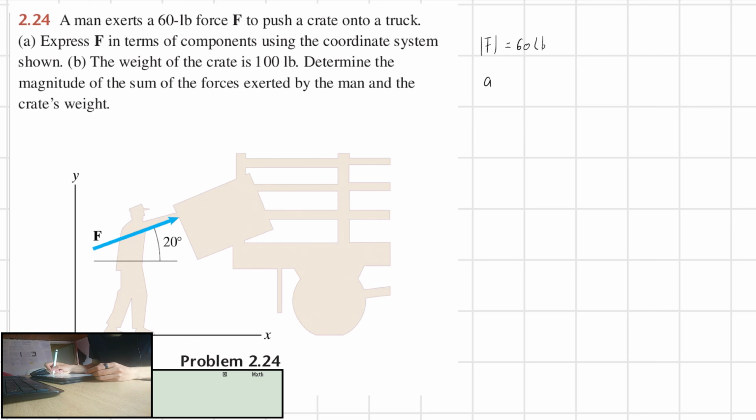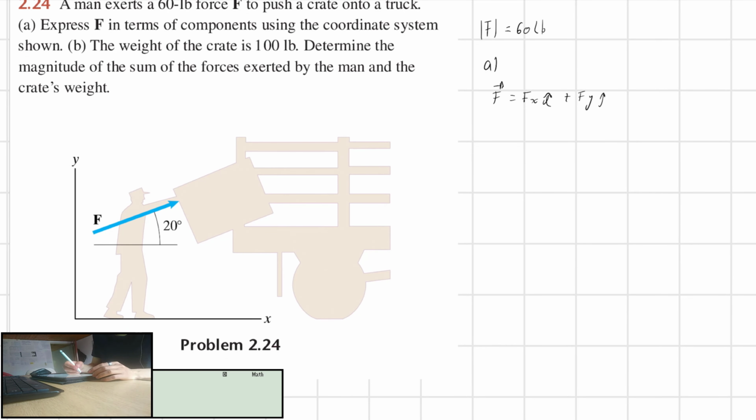A. They are asking for the components of the vector F. This vector is going to have a component in the X, or I direction, plus or minus, depending on the direction of the vector, and a component in the Y direction, which is the same thing as the J direction.